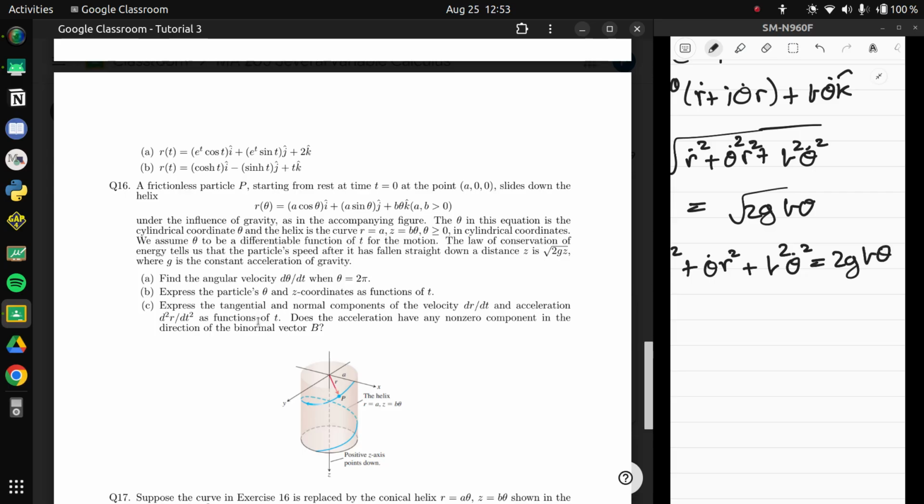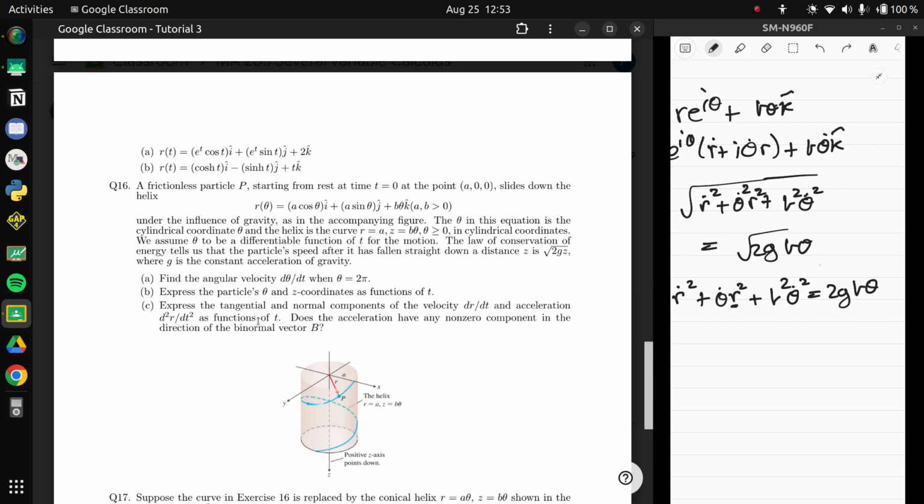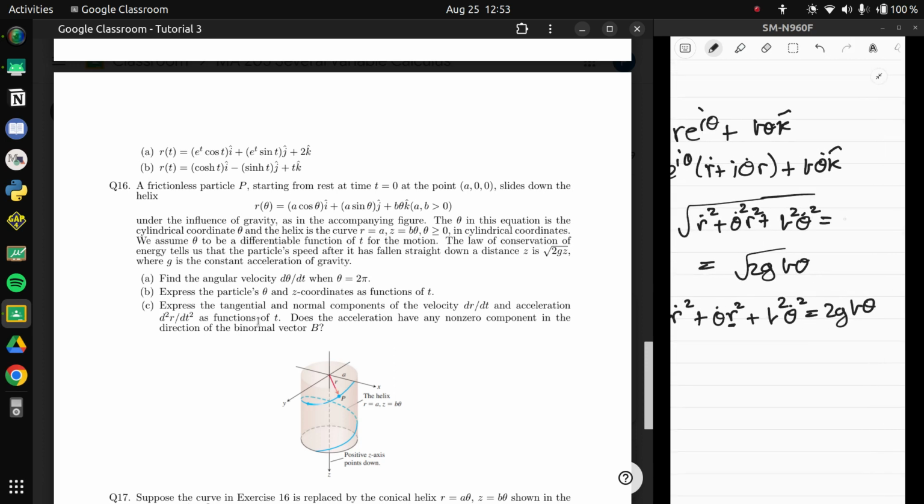Find the angular velocity, so basically theta dot when theta equals 2 pi. r is a constant and it doesn't change, so this would just be a. So r dot is 0, isn't it? So we can rewrite this whole thing as theta dot times square root of a squared plus b squared.